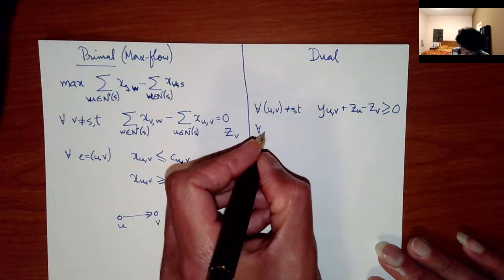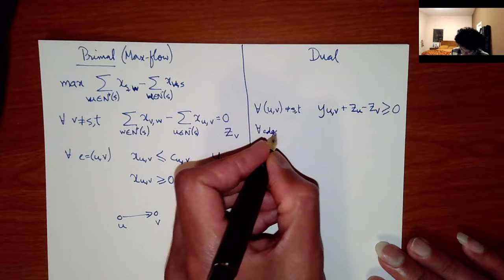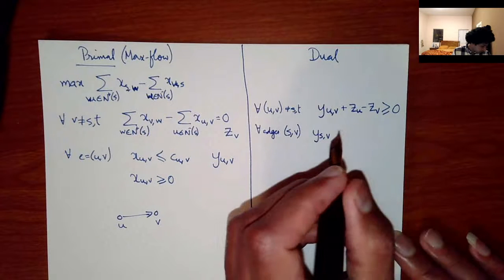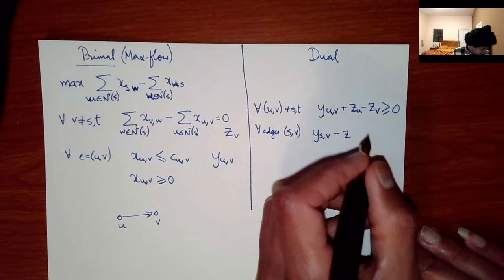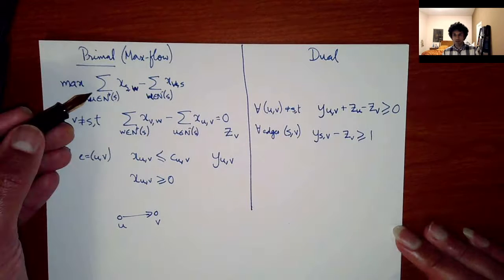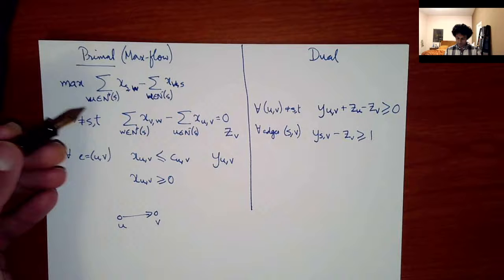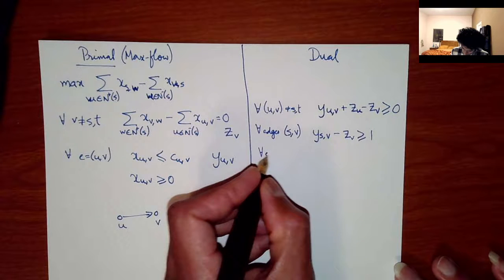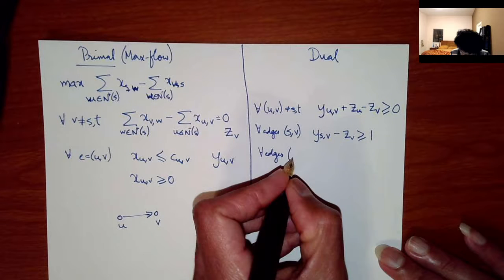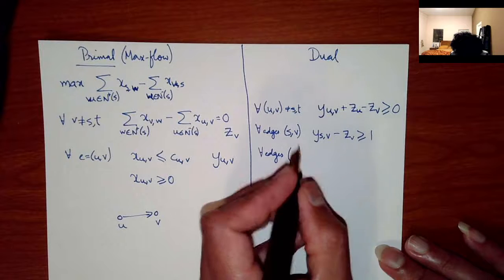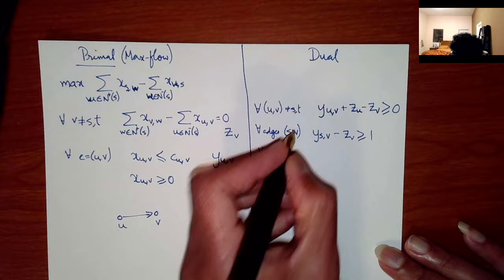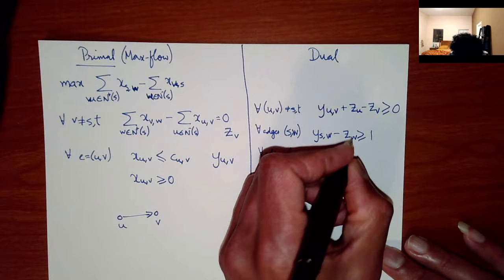So for all edges SV, I get YSV minus ZV is greater than 1, and I get the 1 over here because of the coefficient for every edge of the form SV. And then for all edges, maybe I should call this SW, just so that I use the SW over here.